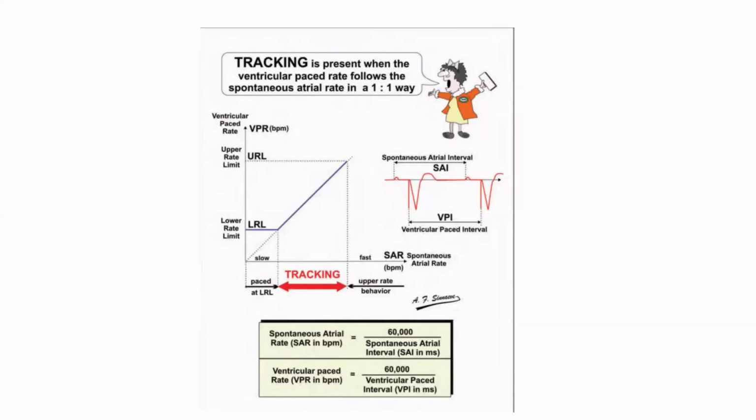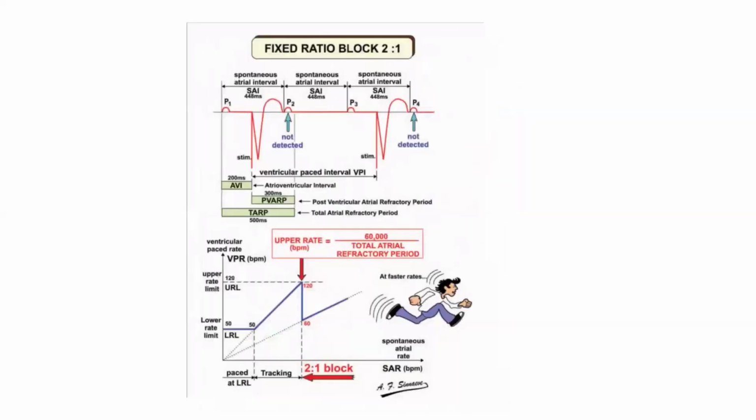But if the rate of the sinus node gets over 120, like 160 or 140, the pacemaker will sense one P wave and get a QRS complex, and the next P wave will not be felt. And here I will go into what I call a 2 to 1 heart block. Like this example here, I have this P wave conducted QRS complex by AV delay, this is a PVARP.